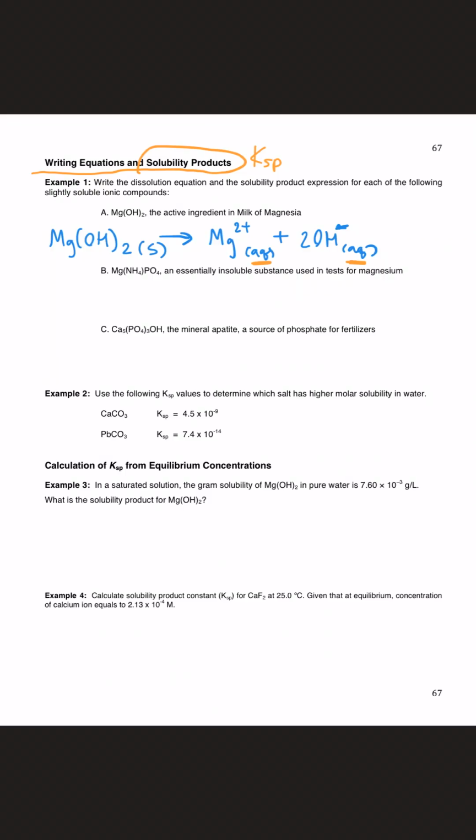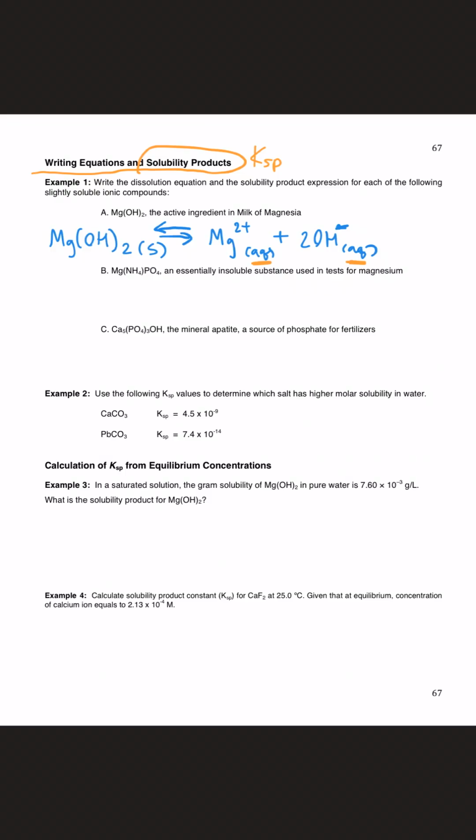And because this salt is an insoluble ionic compound, this would be in equilibrium, which means it will not dissociate completely. Therefore, you need to use the reversible arrow in this case.